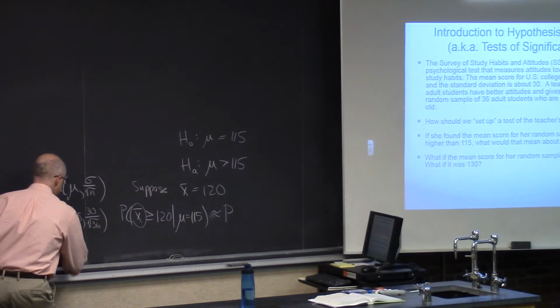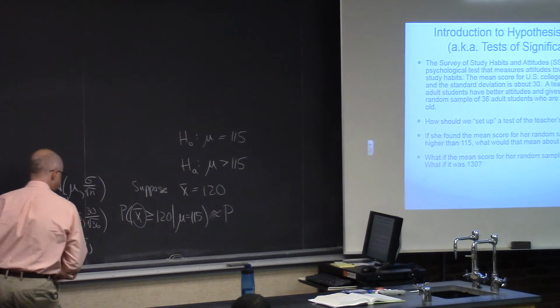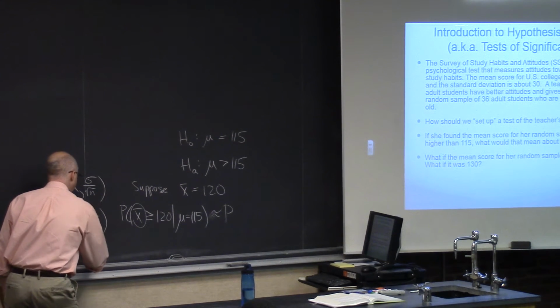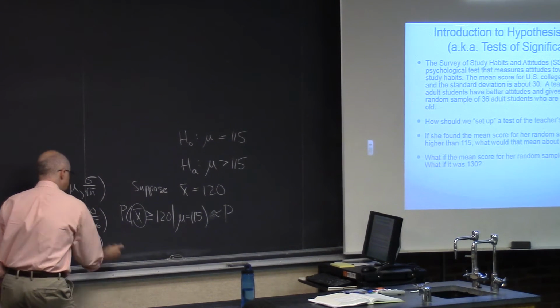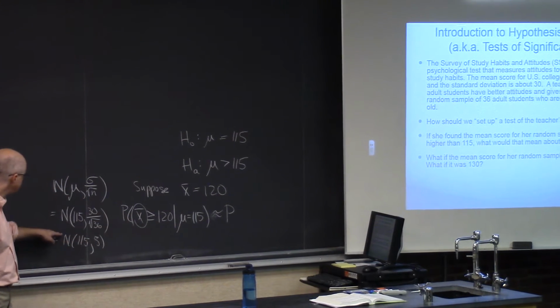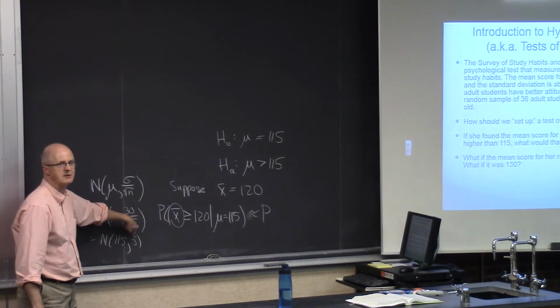Square root of 36 is 6. 30 divided by 6 is 5. So my sampling distribution for x bar is approximately normal with a mean of 115 and a standard deviation of 5.